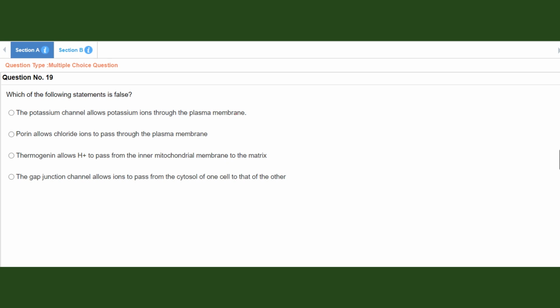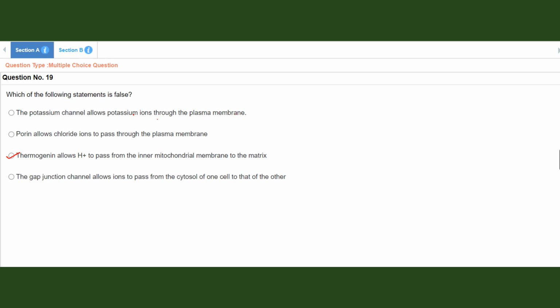Question number 19. Which of the following statements is false? The potassium channel allows potassium ions through the plasma membrane. It can't be false, because what other than that will the potassium channel do? B. Porin allows chloride ions to pass through the plasma membrane. C. Thermogenin allows protons to pass from the inner mitochondrial membrane to the matrix.